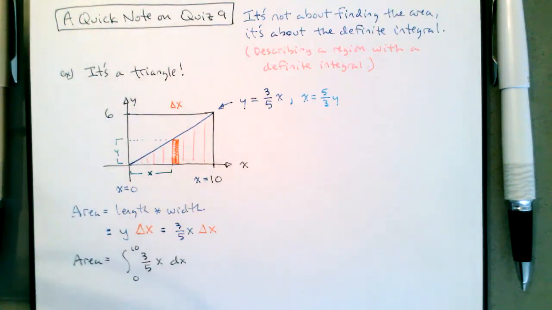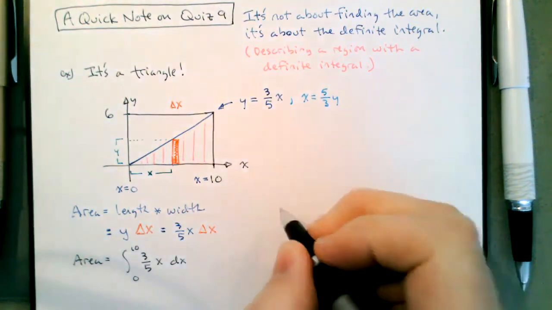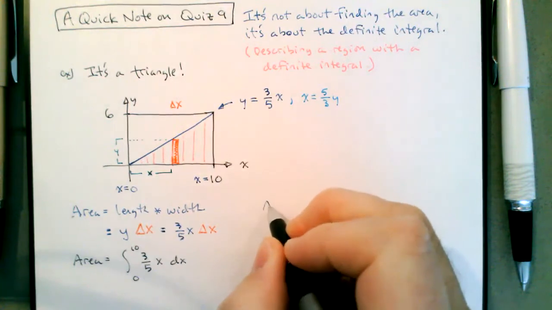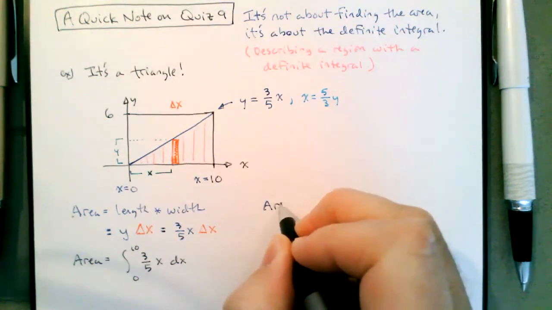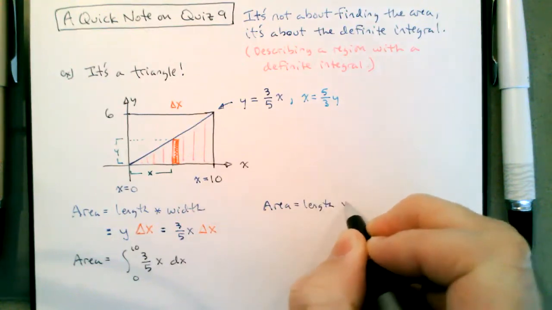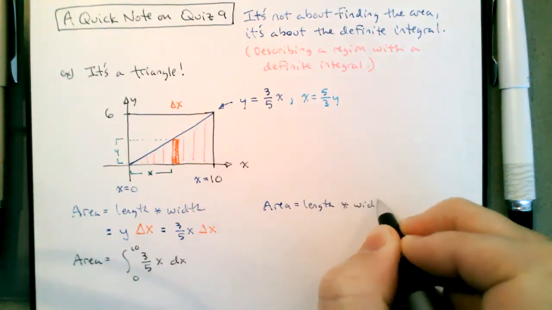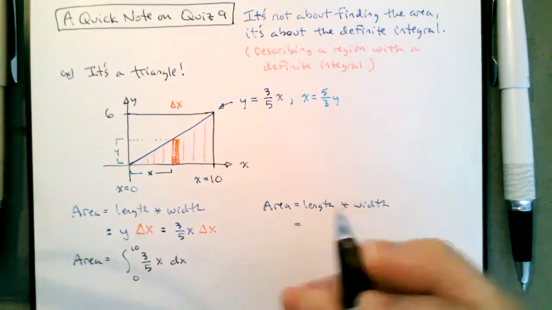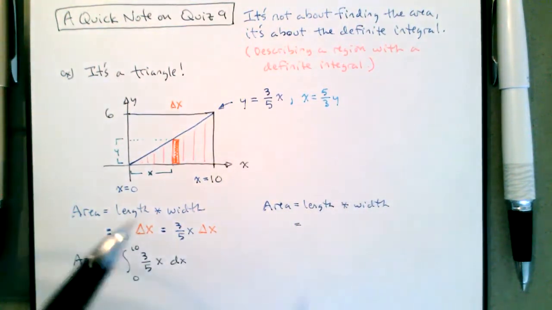Now, we have to be careful about how we set up the area using a delta y. We're still going to set up area equal to length times width. But now I'm going to slice using delta y.